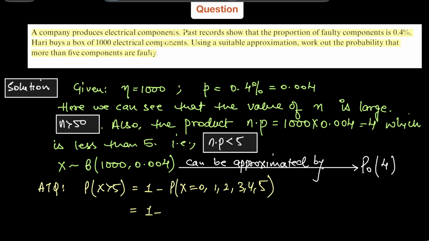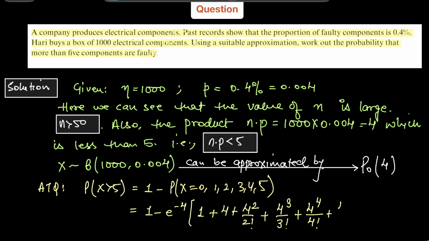1 minus e raised to the power minus 4, which is going to be common. Then for 0 it is 1, and for 1 it is 4 itself. Then I will write 4 squared over 2 factorial, then 4 raised to the power 3 over 3 factorial, then 4 raised to the power 4 over 4 factorial, and 4 raised to the power 5 over 5 factorial.